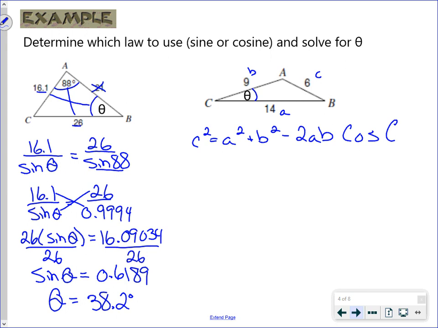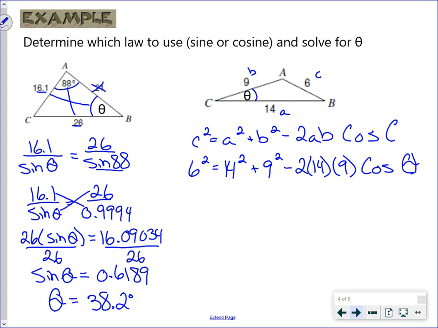So substitute in what we know. C is 6, so we'll have 6 squared. A is 14, so we'll have 14 squared, plus b, which is 9, so plus 9 squared. Minus 2 times a, which is 14, times b, which is 9, times our cosine of c, and we don't know what c is. We will call this theta because that's what it's represented with.